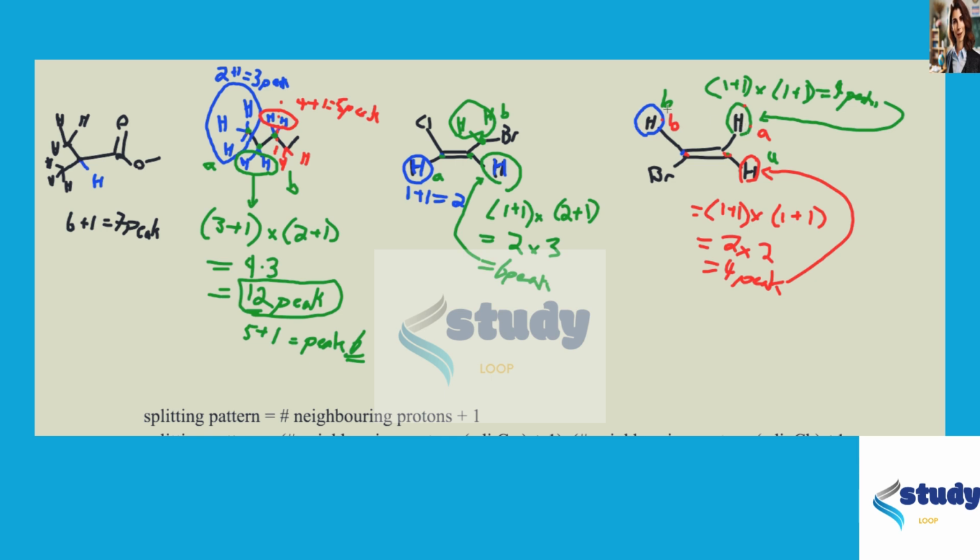And now if I'm investigating this proton here, B, we see that now we have one neighbor here and one neighbor here. So with these two neighbors, once again, if I were to call this A and B, we have one A neighbor, so we do 1 plus 1, and we have one B neighbor, so that's 1 plus 1. So that also equals 4 peaks. So in essence, these 3 protons will be represented by 4 unique quartets on our NMR spectra.